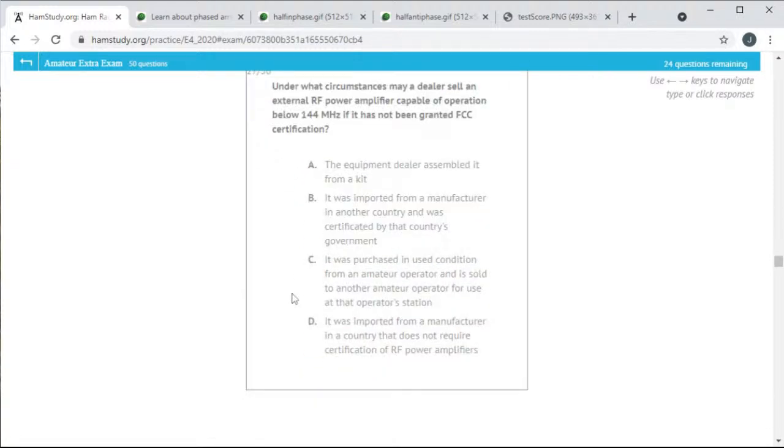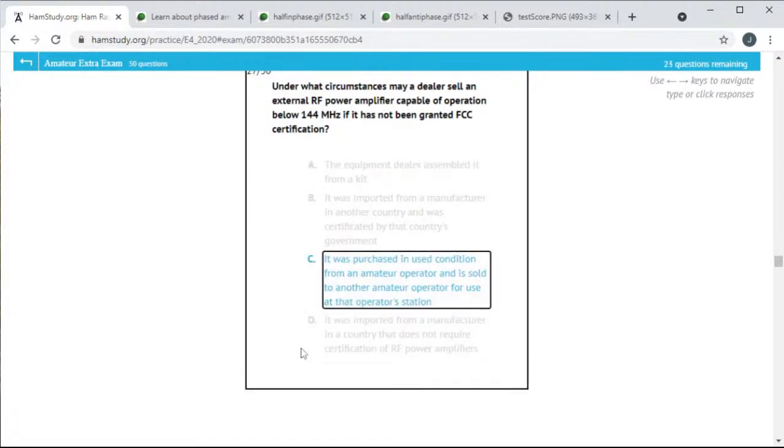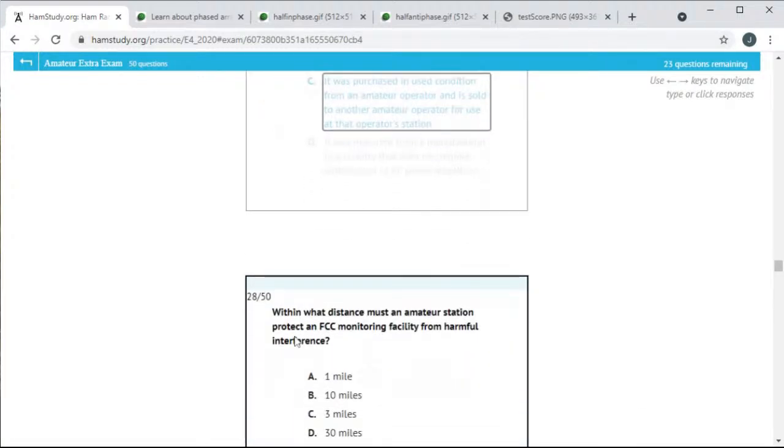C, it was purchased in used condition from an amateur operator and is sold to another amateur operator for use in that operating station. D, it was imported from a manufacturer in a country that does not require certification of RF power amplifiers. C, it is used equipment. That is the only way for things to get grandfathered in.